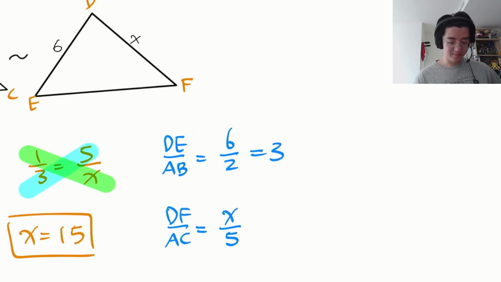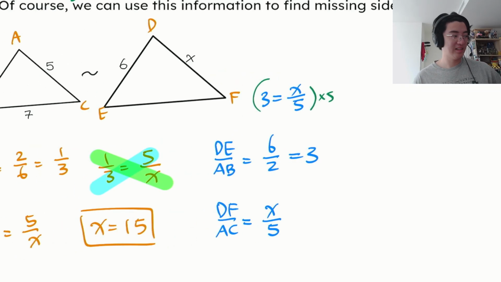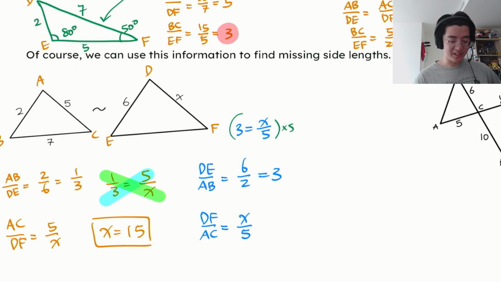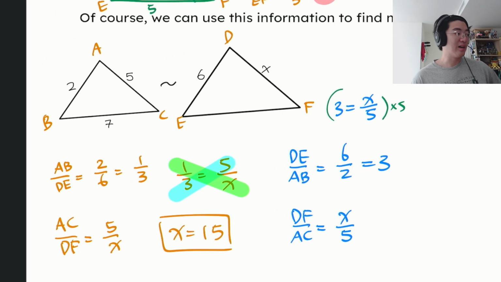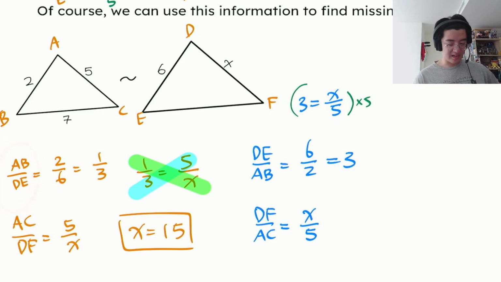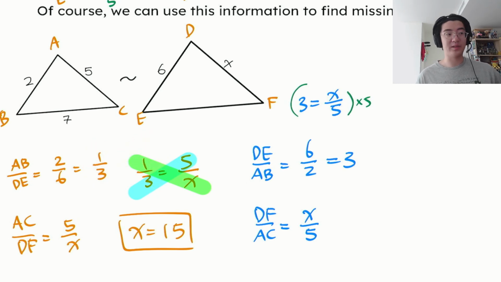Because we have 3 equals x over 5. We multiply both sides by 5, x is 15. Okay, so make sure that we are orienting ourselves in the correct order. If we get AB over DE, and we do DF over AC instead, we get 1 over 3 equals x over 5. That'll get us a completely different answer. So be very careful of that.